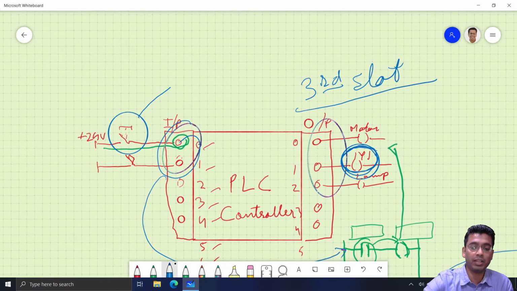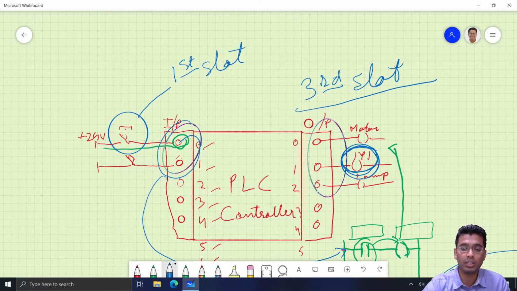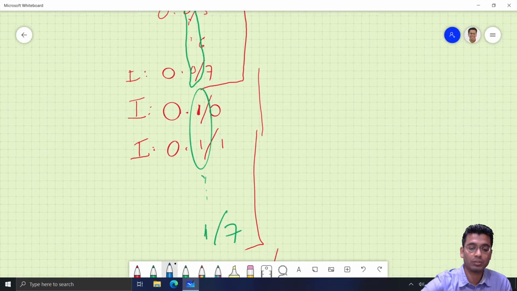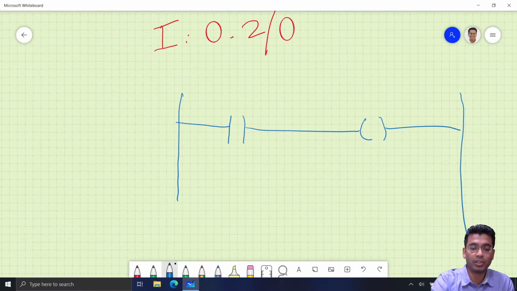Say this input element is placed on the first slot, and this output module is placed on the third slot. And my switch or push button is placed in the 0th bit here, and this has been connected to the first bit here. Now just try to do the addressing for that.